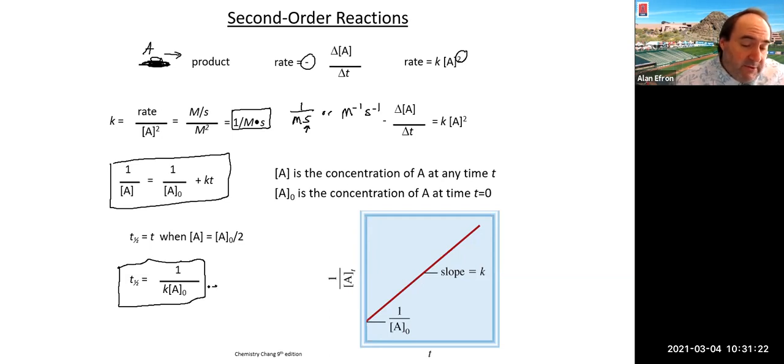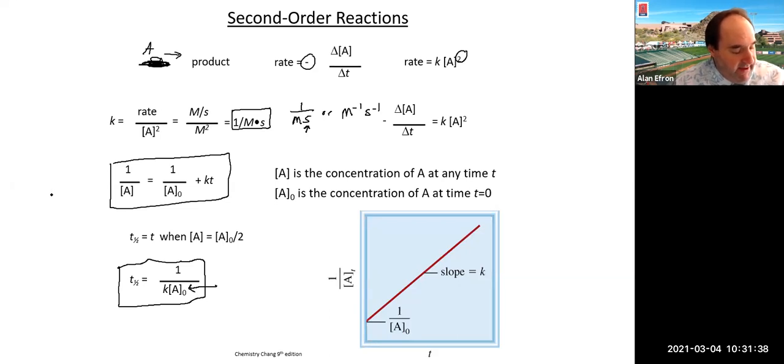So unlike first order, the initial concentration here has an effect on the half-life. So the amount you start with will have an effect on the half-life of that particular reaction.